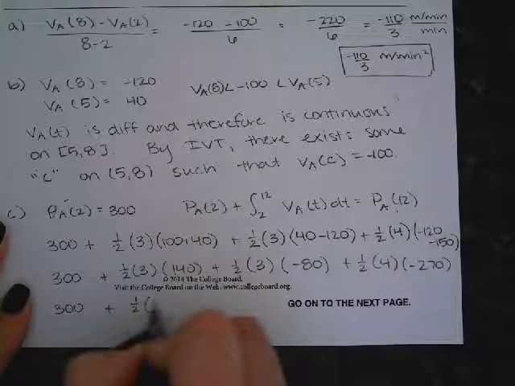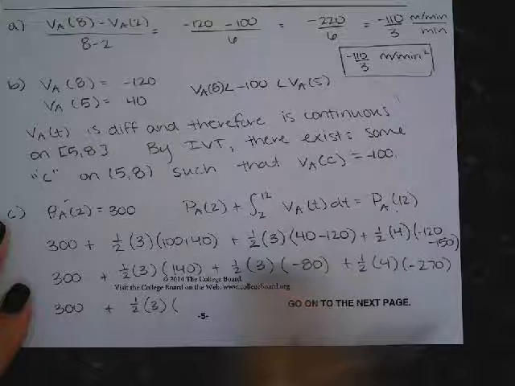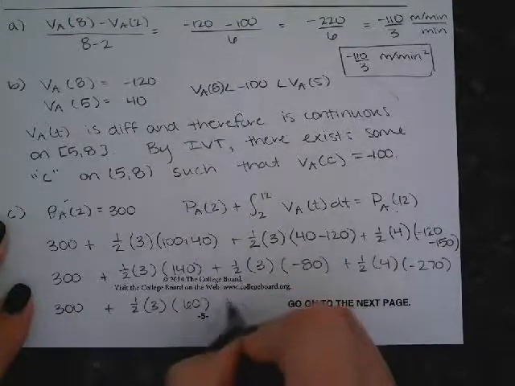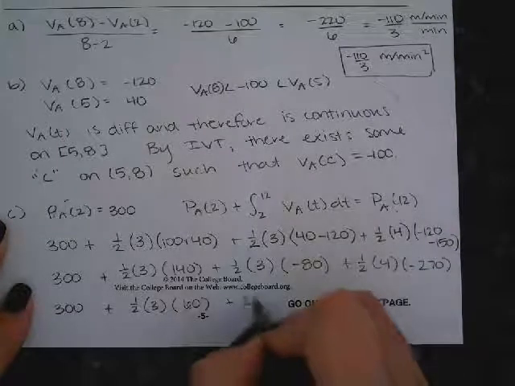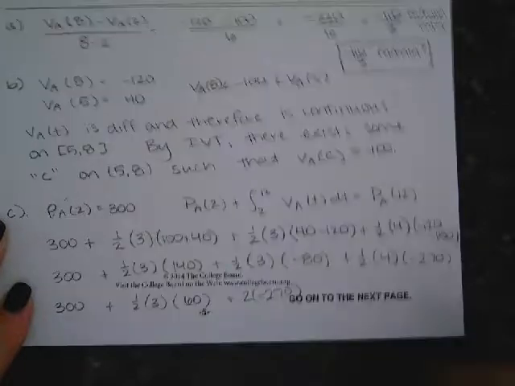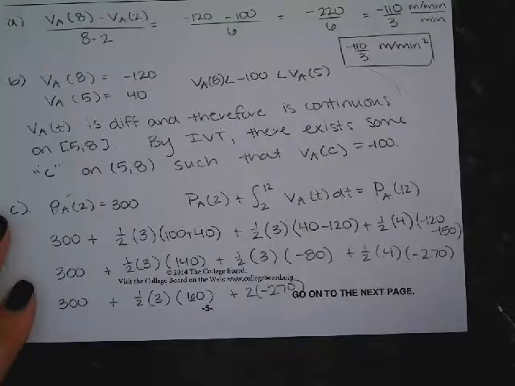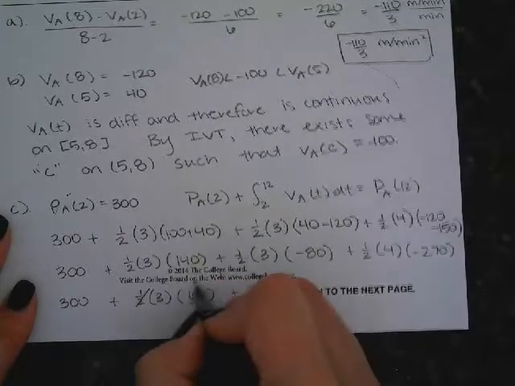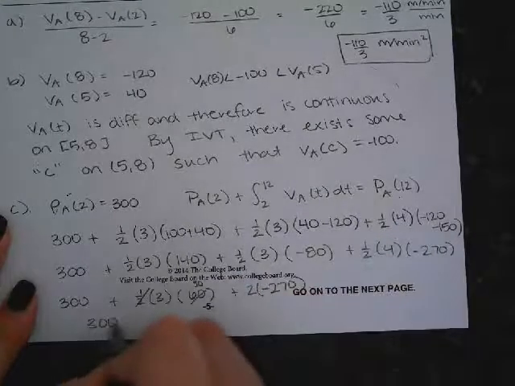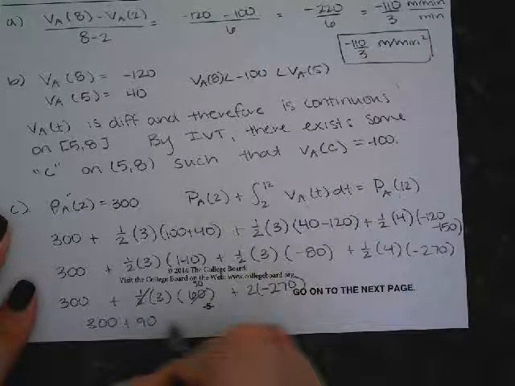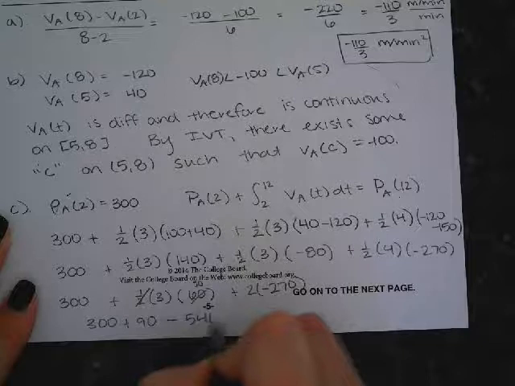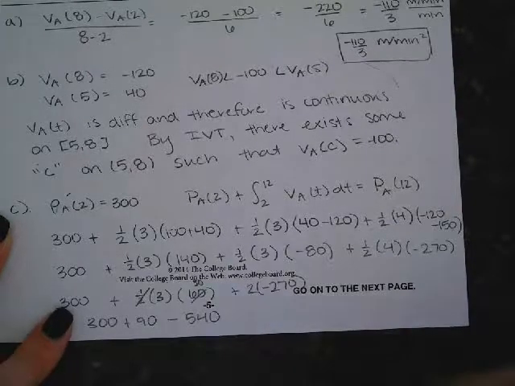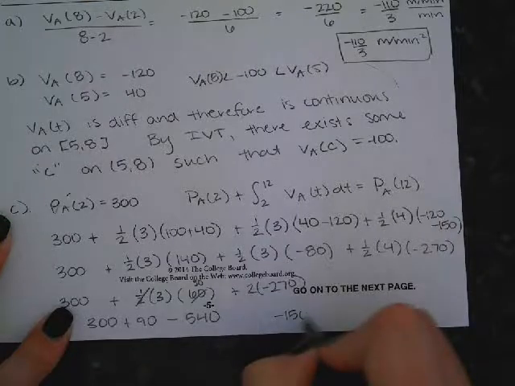1/2 times 3 times 140 is 60. 1/2 times 4 is 2, times negative 270. 1/2 of 60 is 30. So we've got 300 plus 90 minus 540. 390 minus 540 is negative 150.